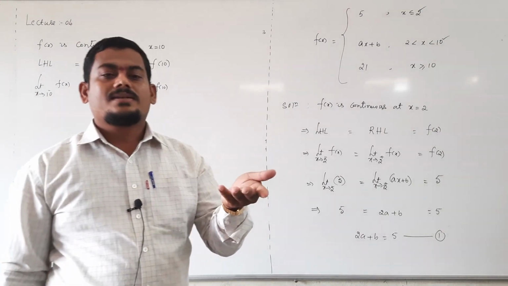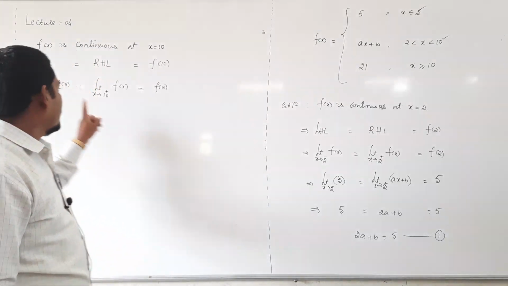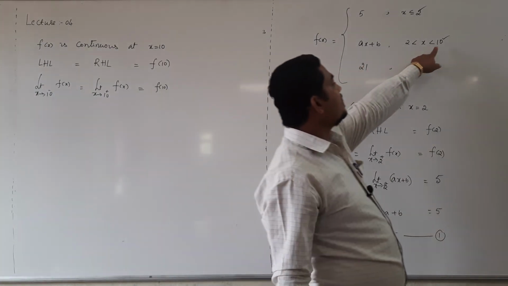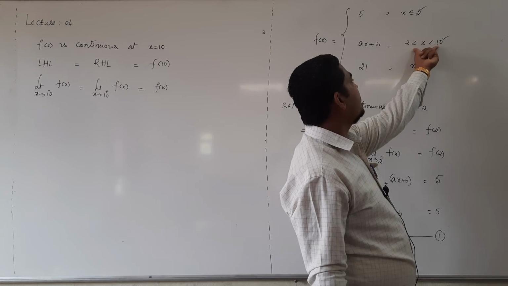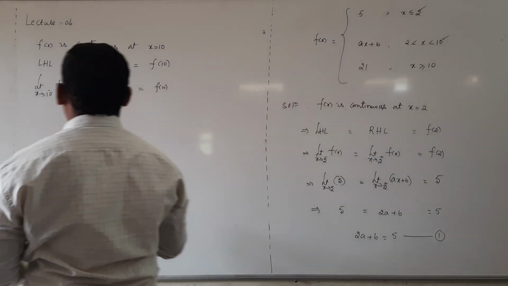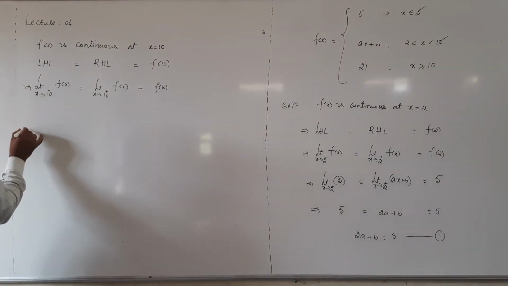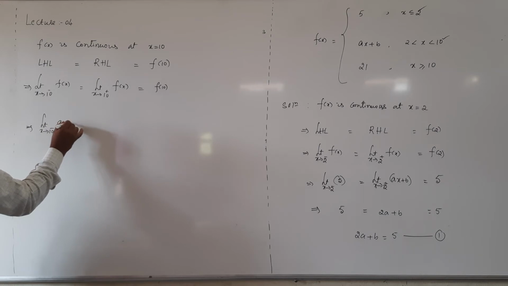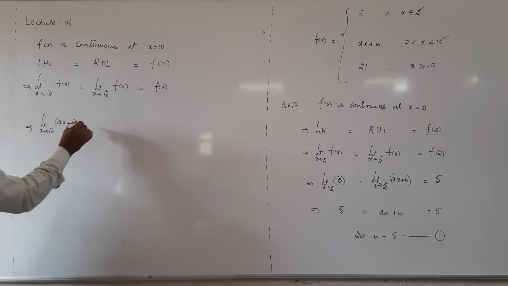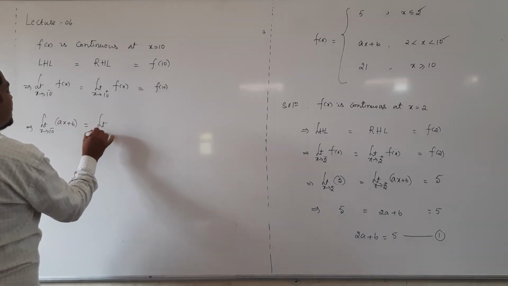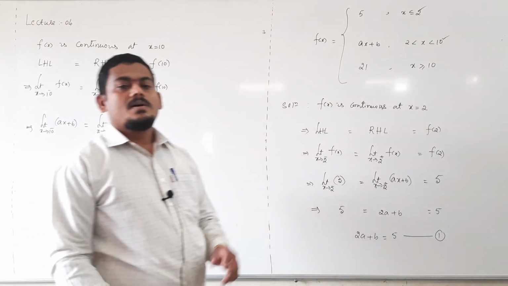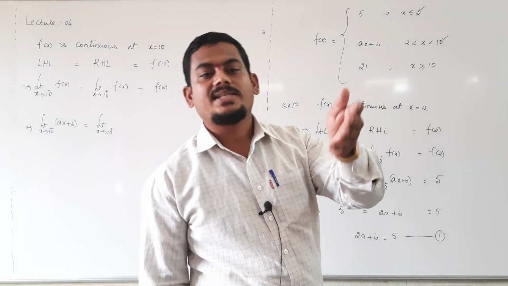Now replace the f of x value. x tending to 10 minus means less than 10. When x is less than 10 and more than 2, in this interval the function is ax plus b only. So limit x tending to 10 minus of ax plus b equals limit x tending to 10 plus. The meaning of 10 plus is more than 10.